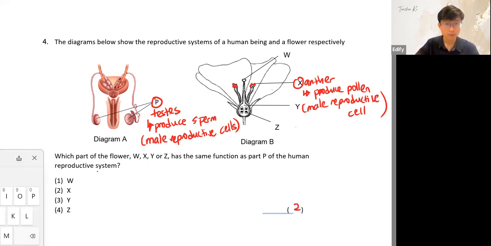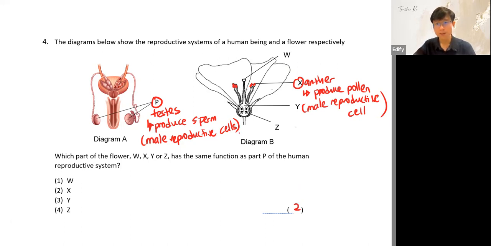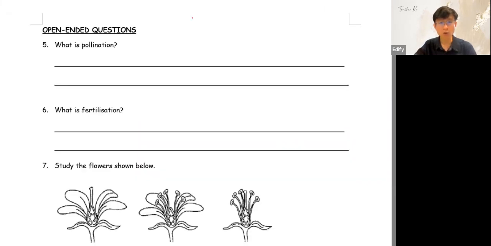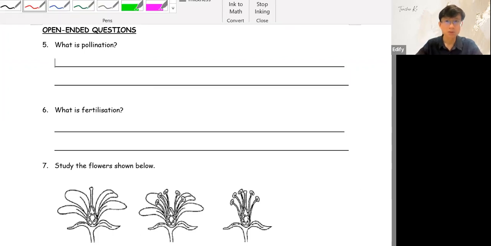Okay, question 3, 5. All right, so this is an open-ended question. What is pollination? So to answer this, what is pollination? All right, pollination is basically the transfer of pollen grain. Very important, okay? Let me just write it down.